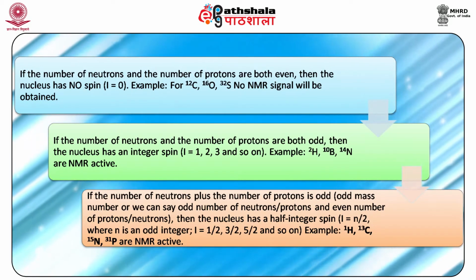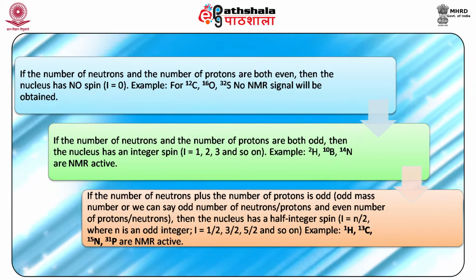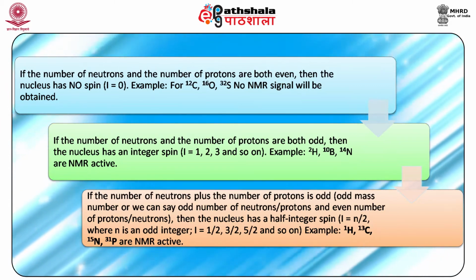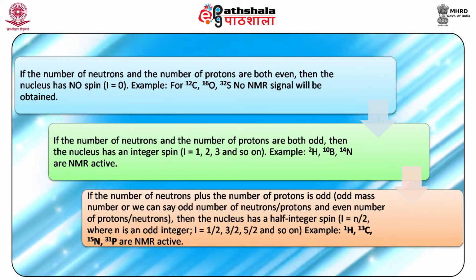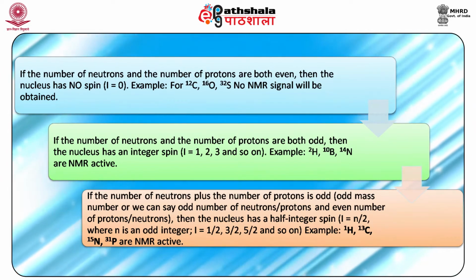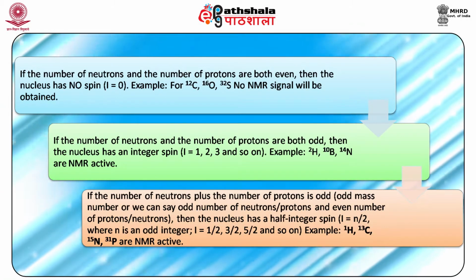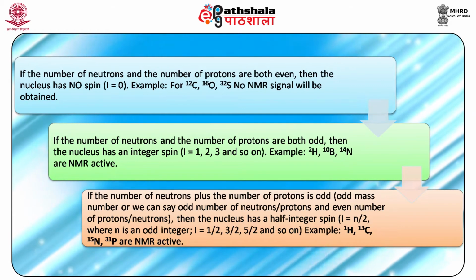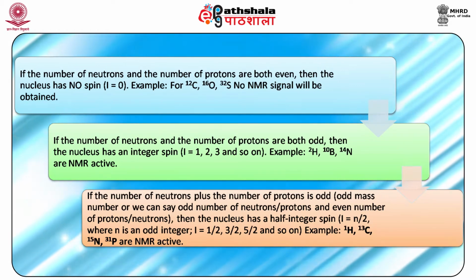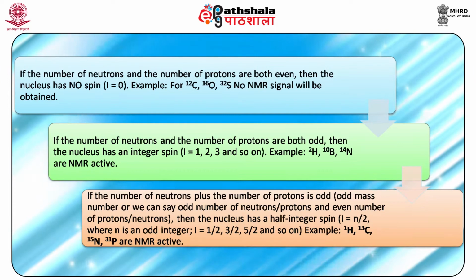Then I will be 1 divided by 2, that is half, 3 by 2, 5 by 2, and so on. The examples of these are 1H, 13C, 15 nitrogen, 31 phosphorus, and these all are NMR active nuclei.